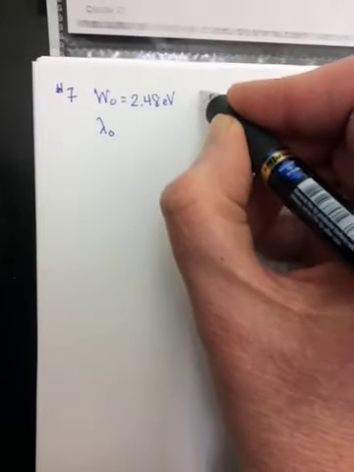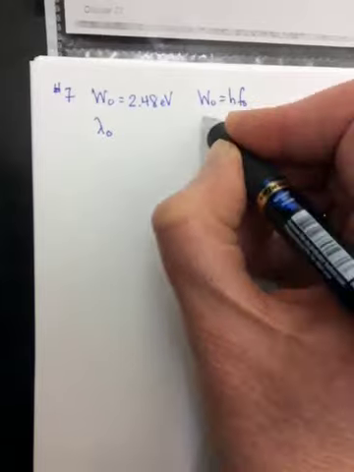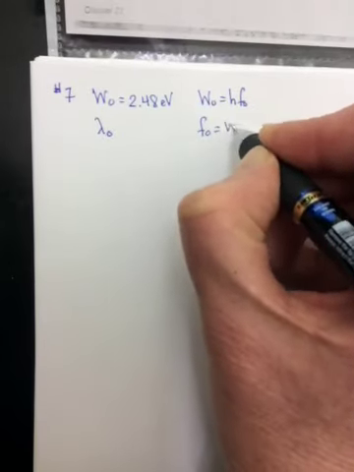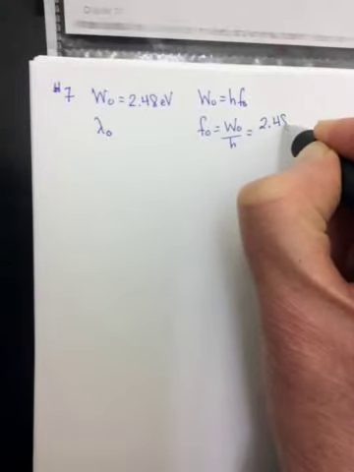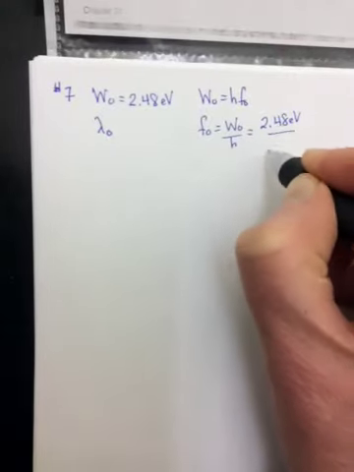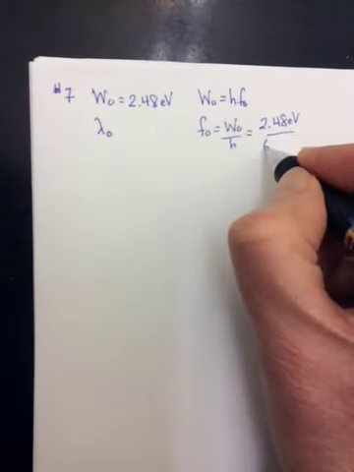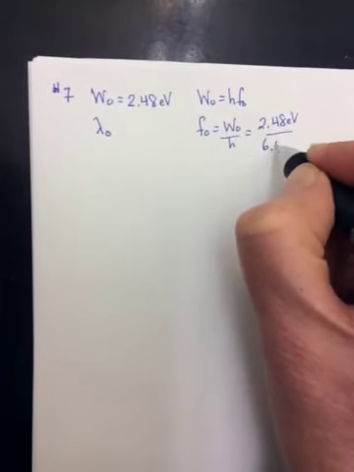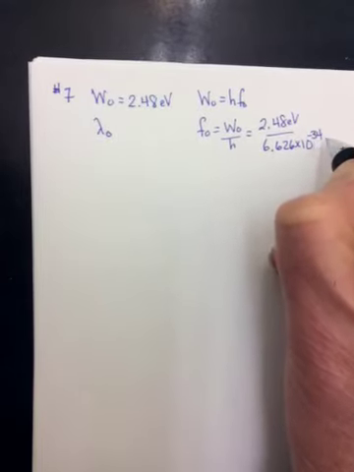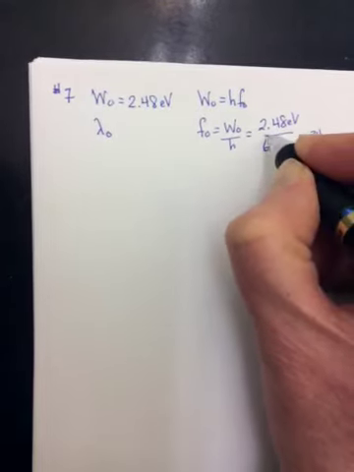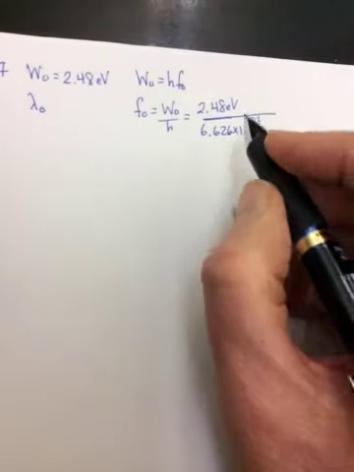First we need to find FO. So we know WO equals HFO, so FO equals WO divided by H. So 2.48 electron volts divided by our H, which by now you should know off by heart, 6.626 times 10 to the negative 34 joule seconds.